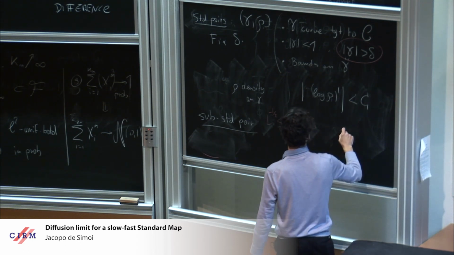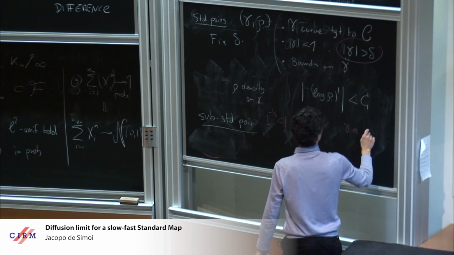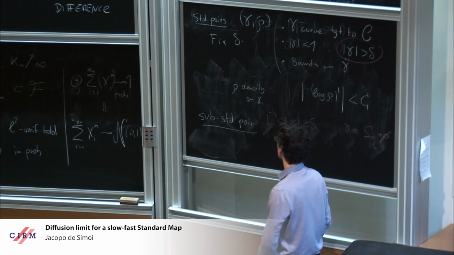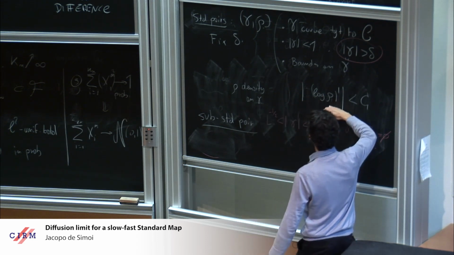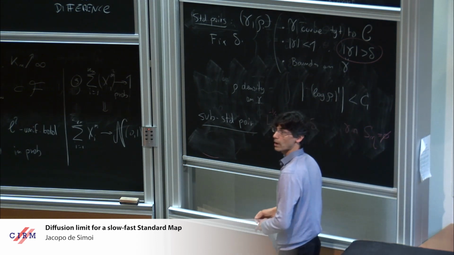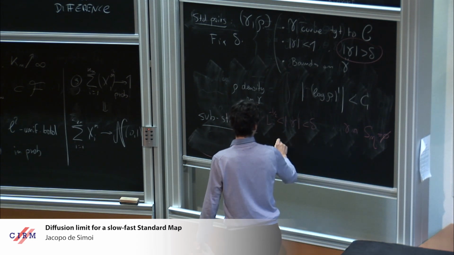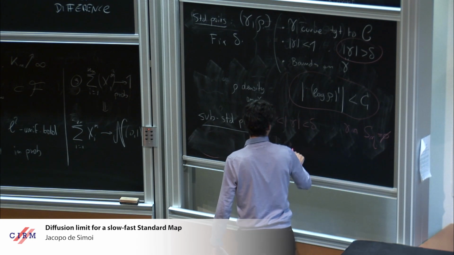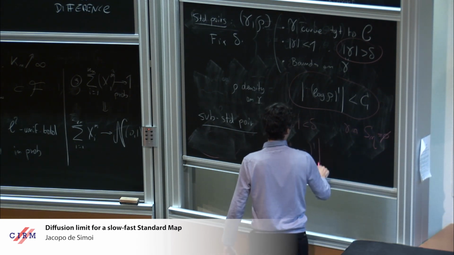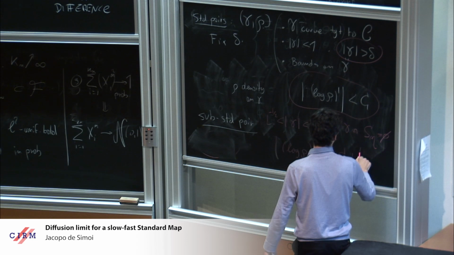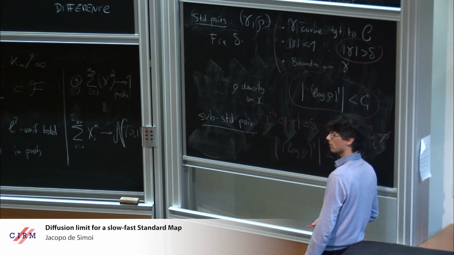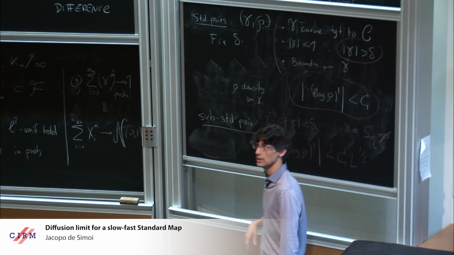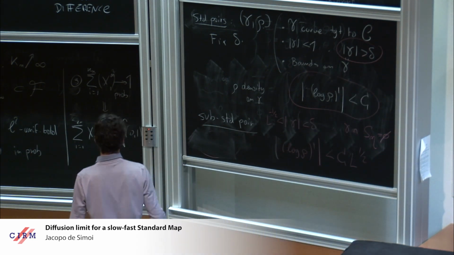And I want to make sure that gamma is not in the bad set. I also allow my density to be a little bit wilder than before. I allow this logarithmic derivative to be less than some constant times L to a positive power. So I'm relaxing a little bit the definition of standard pair, and I call this a substandard pair.